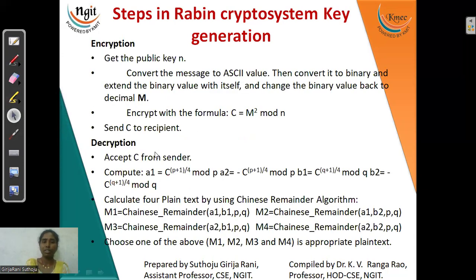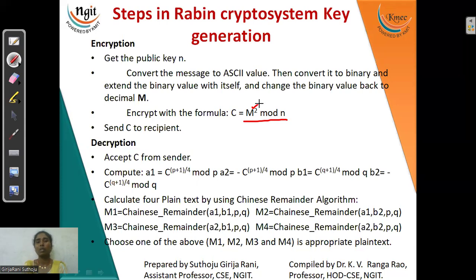In the encryption procedure, we are going to utilize the formula as I have just told you. This is nothing but m square mod n. In RSA, we utilize m to the power of e, so that e may be anything, right? But here, this is quadratic. Directly, my exponent value will be 2.